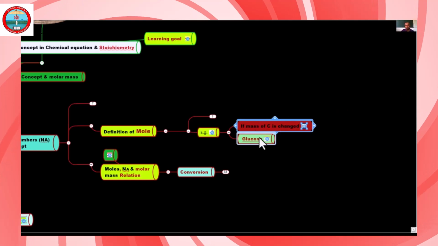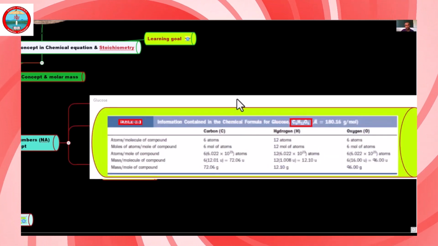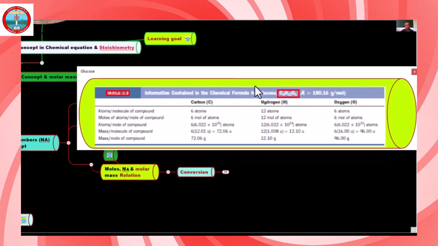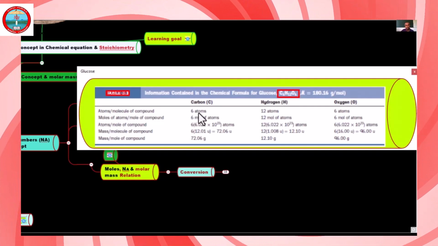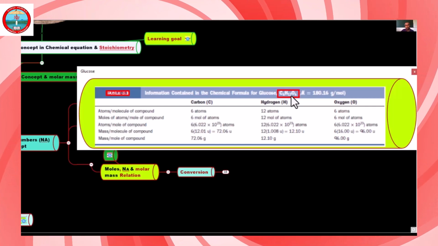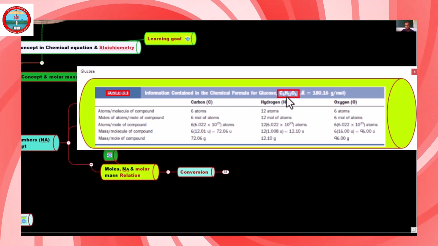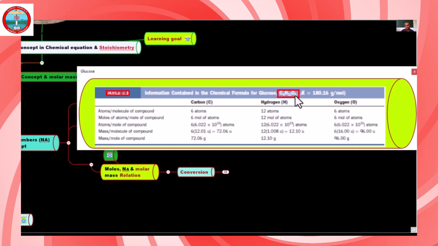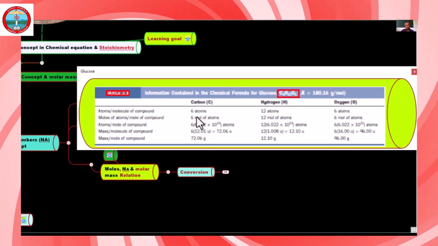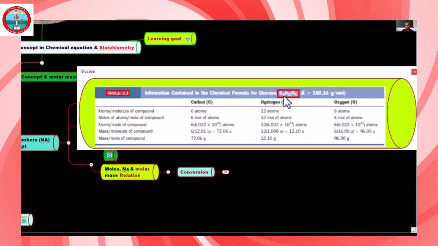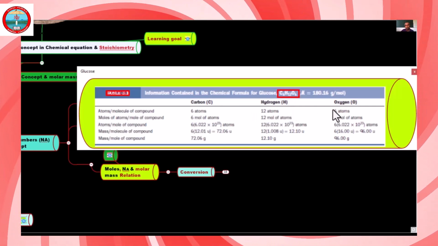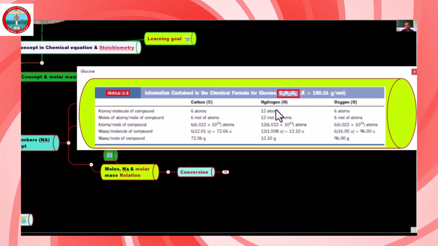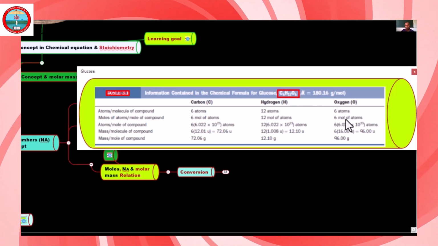And in terms of glucose, we can say it like this. In glucose, we have 6 carbon atoms, 12 hydrogen atoms and 6 oxygen atoms. Similarly, in terms of mole, we have 6 moles of carbon atoms, 12 moles of hydrogen atoms and 6 moles of oxygen atoms.